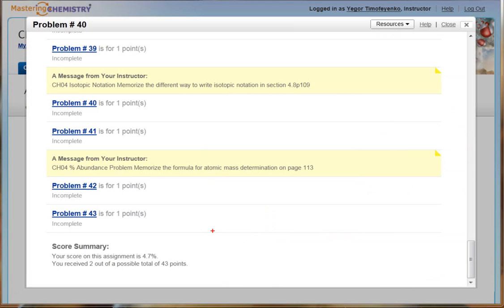And the last problem type is the abundance percentage of isotopes in the ACS Study Guide Part 1. Let's check it out.